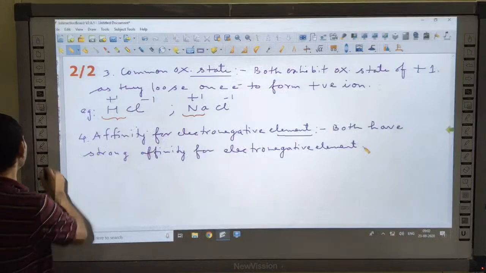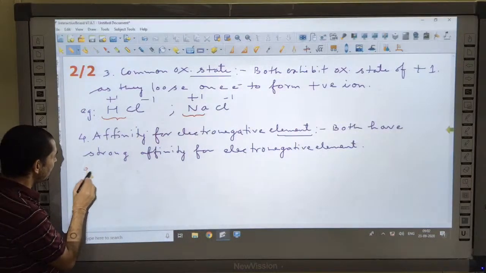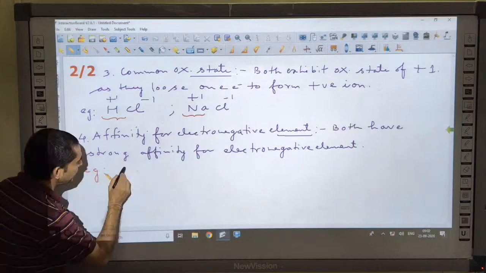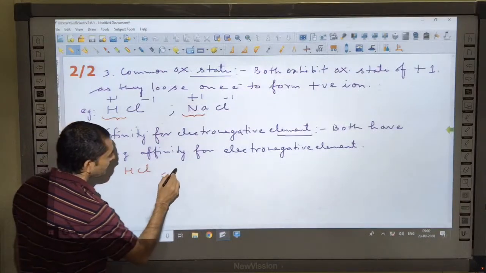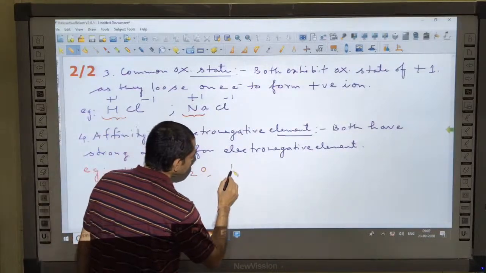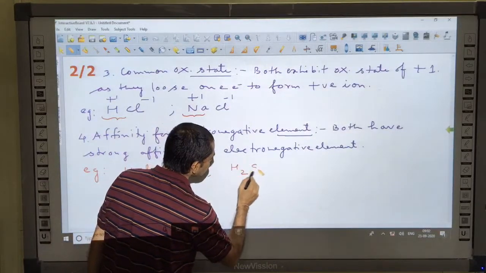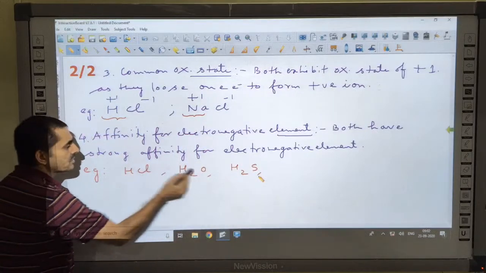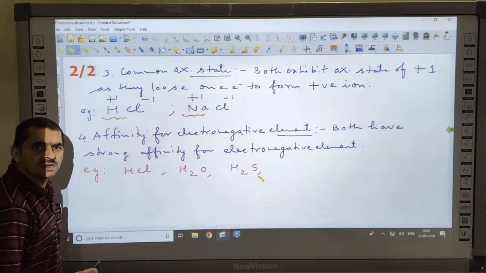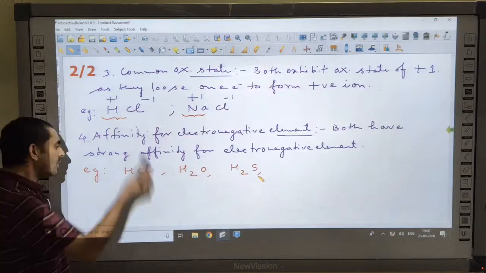Okay, let us see an example of this. For hydrogen I am writing HCl, H2O, H2S. Now you see, chlorine, oxygen and sulfur are electronegative in nature. Clear? Now, what about alkali metals?